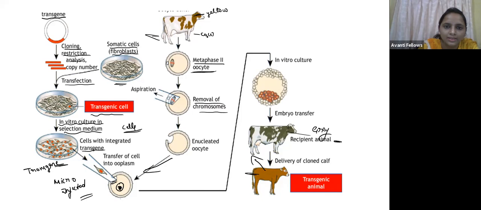Okay. So guys, here this animal is different: it is the donor animal and this is the recipient animal. Now this embryo is going to be transferred to the recipient animal, and the embryo is going to develop into this cow. Now you can see the offspring is a different color.